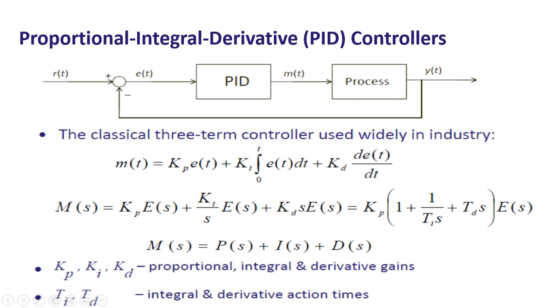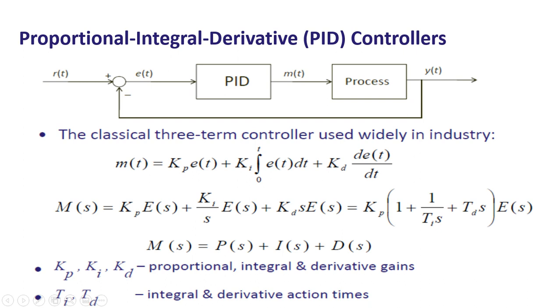Now if I take the Laplace of this m of t, it becomes Kp E of s, and similarly Ki divided by s, E of s, plus Kd s E of s. Now if I take Kp common throughout the relation, then it becomes Kp times 1 plus 1 over Ti s plus Td s times the error. So here we have three terms.